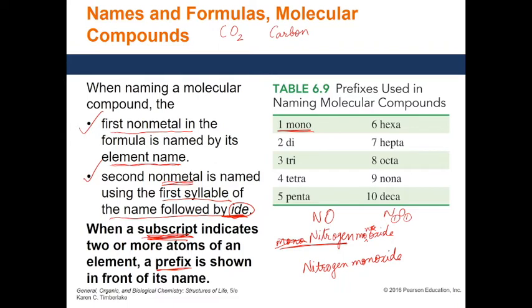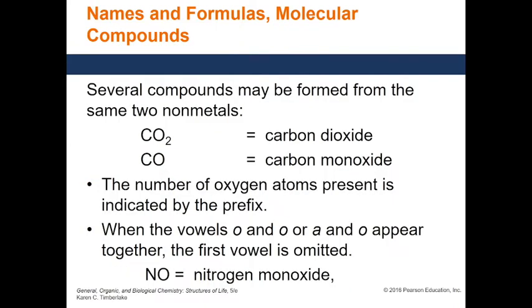The second element is oxygen, so the name would be oxide, because the name of the second non-metal ends with ide. And how many of those do we have? Oh, never mind, this is going to be carbon dioxide.